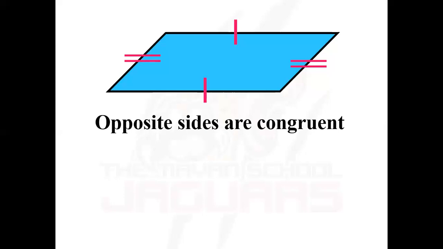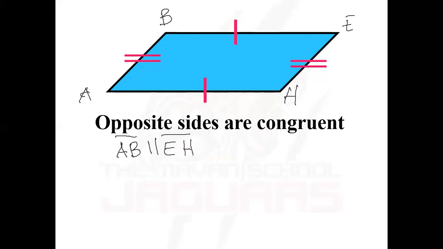Let me name, for example, the vertices of this figure in this way: A, B, E, and H. By looking at the figure and the tick marks that I have, I can say that side AB and side EH are parallel. So side AB is parallel to EH.